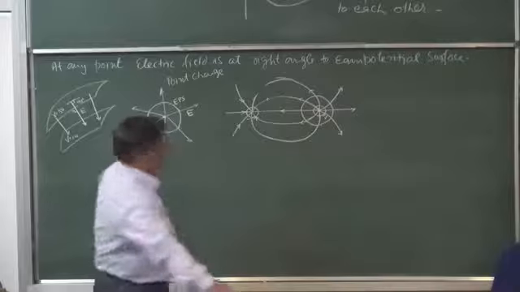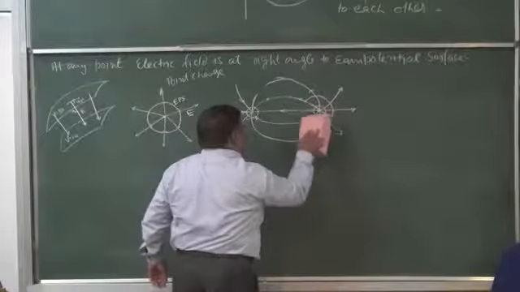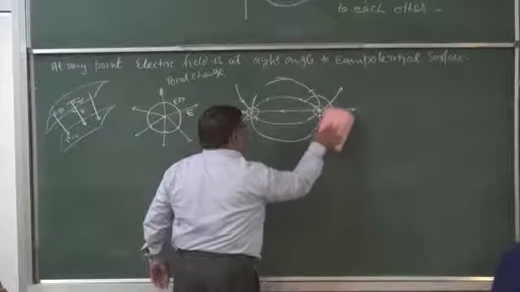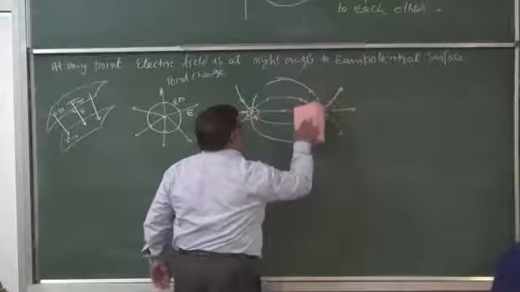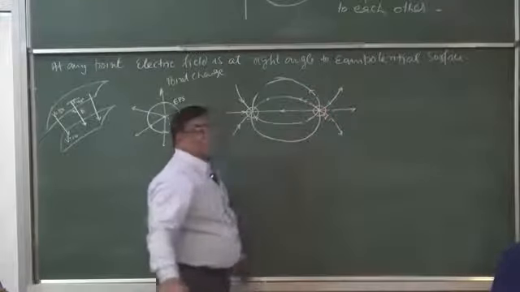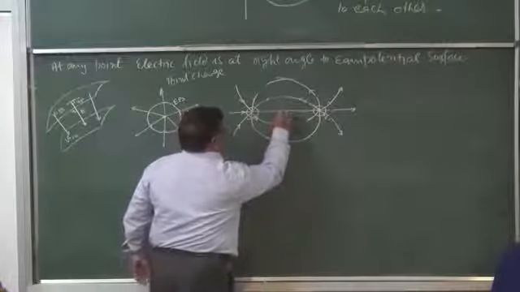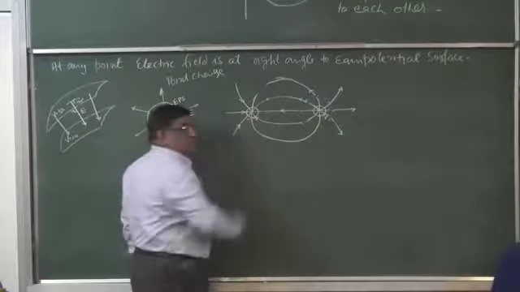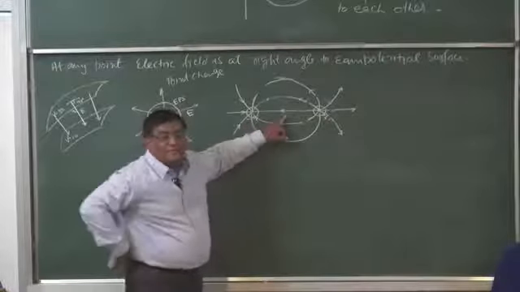Now let me correct it. Where is the zero potential? Minus L distance, plus L distance. Here the potential because of this will be how much?